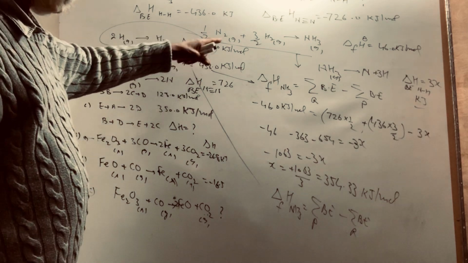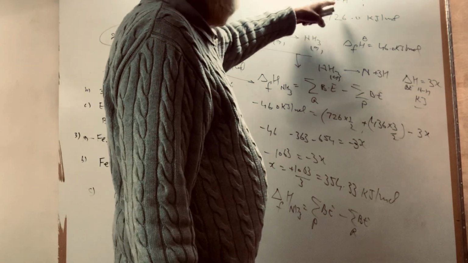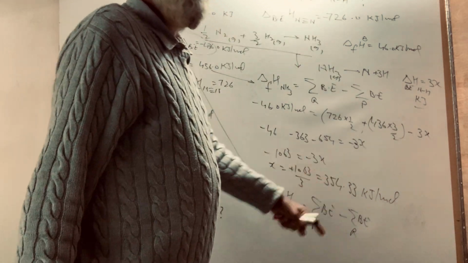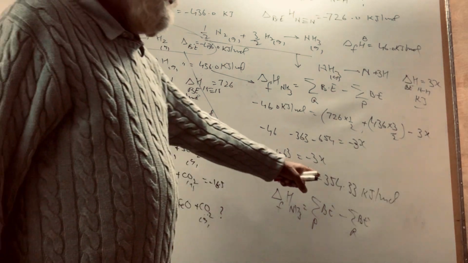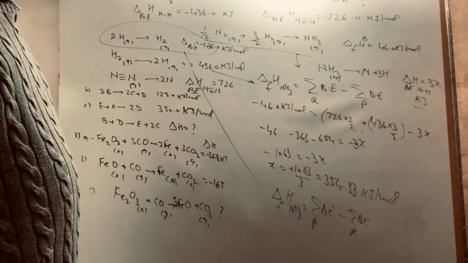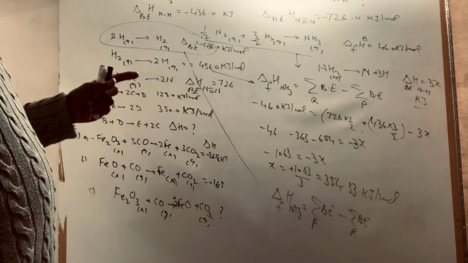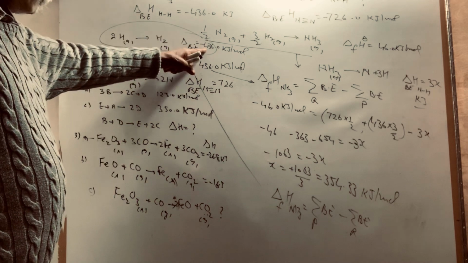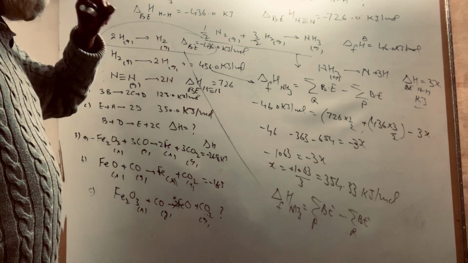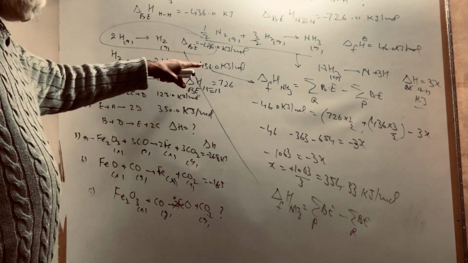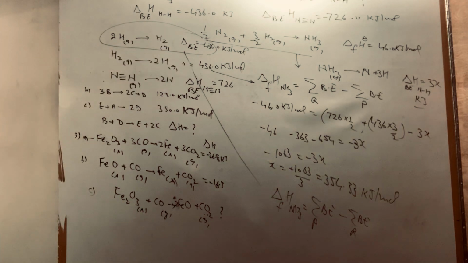Then this will be negative, this will be negative, the answer will also be negative, because here bonds are forming. So naturally when bonds are forming, energy is released. When bonds are breaking, energy is supplied. So this is the difference.